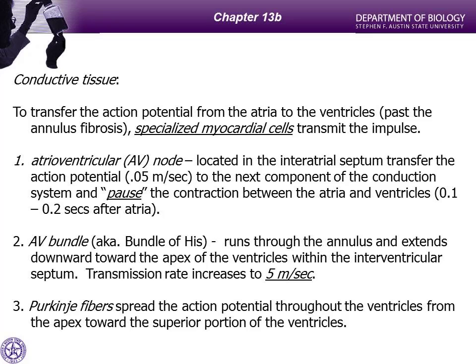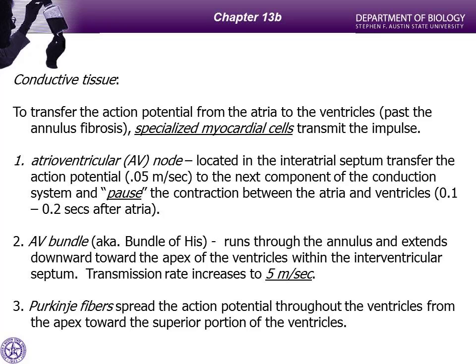So SA node fires. That signal passes through the myocardial cells to the AV node. It depolarizes, sends the signal through the Purkinje cells of the AV bundle. The Purkinje cells release those ions into the myocardial cells in the base of the heart. Those cells undergo depolarization and contract.